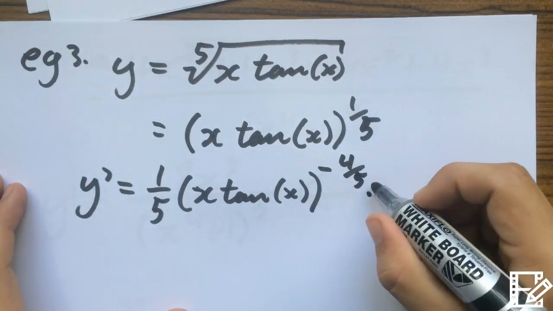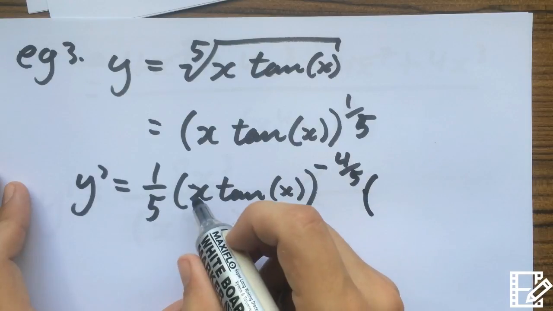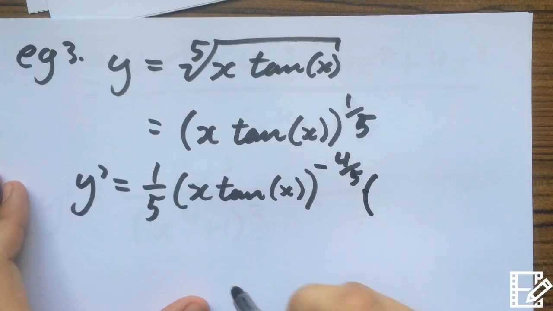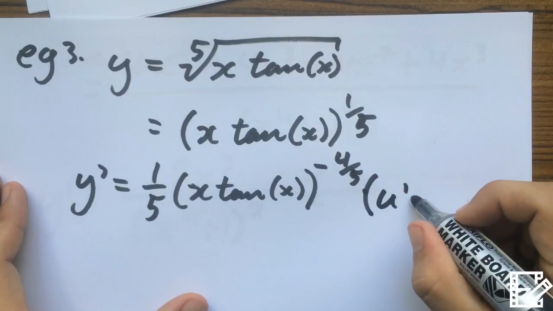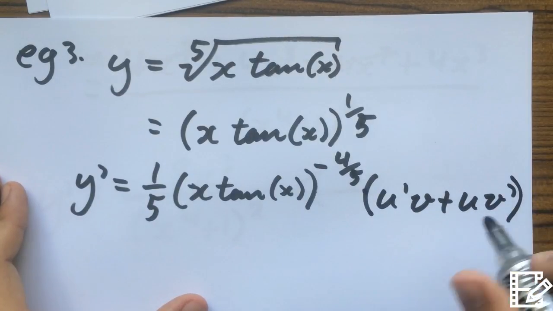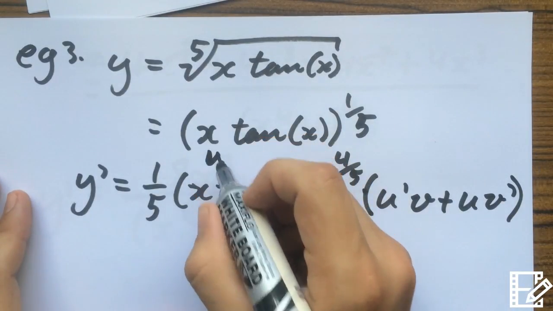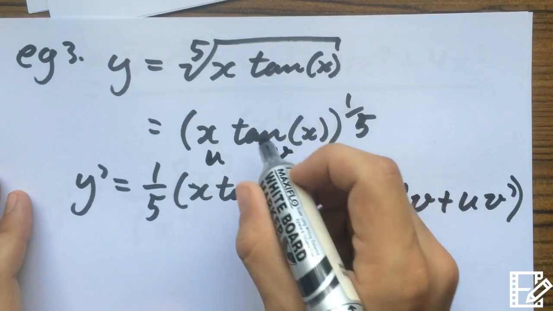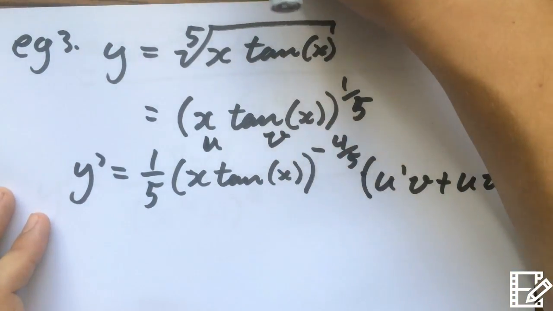And now we multiply by the derivative of the inside. Now the derivative of the inside, since we have two functions and they're multiplied together, is going to use the product rule. The product rule is u dash v plus u v dash. If we consider x to be u, and we consider tan x to be v, that makes it a lot easier, because we know what we're going to do now.